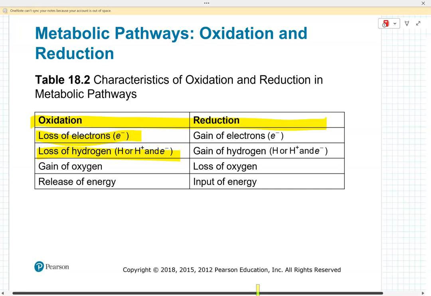Why? Fundamental law of nature. Law of preservation of the M word. Everything that surrounds us is what? Matter.